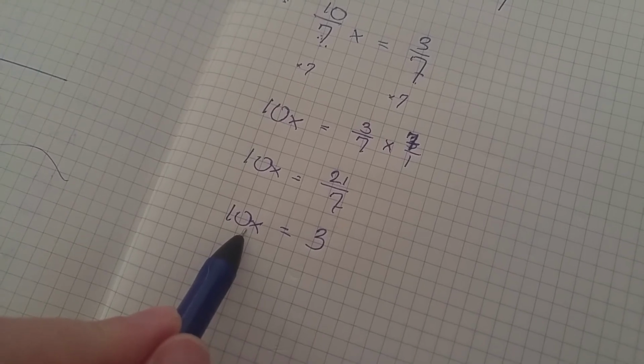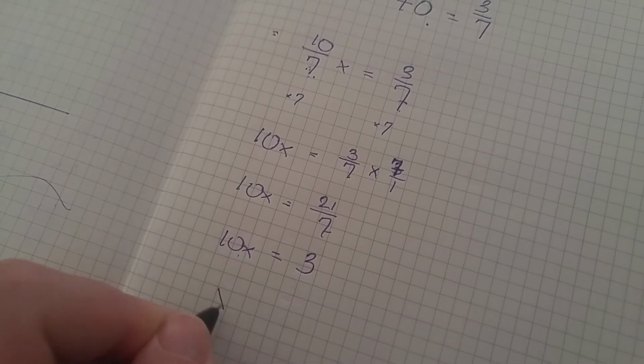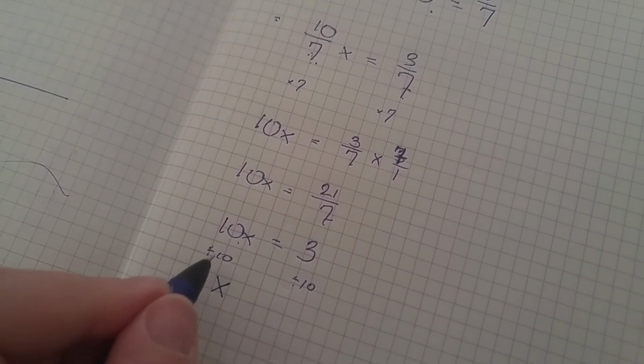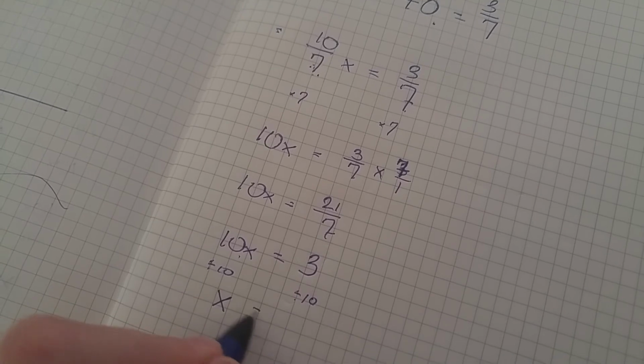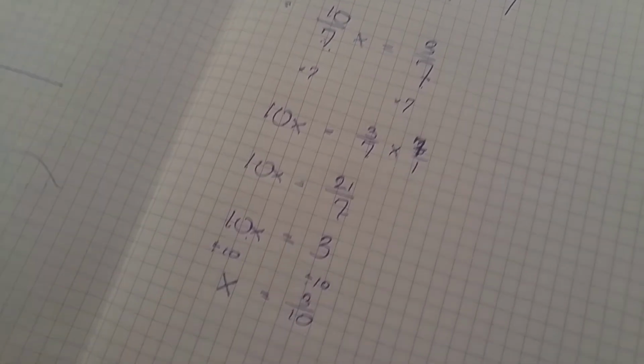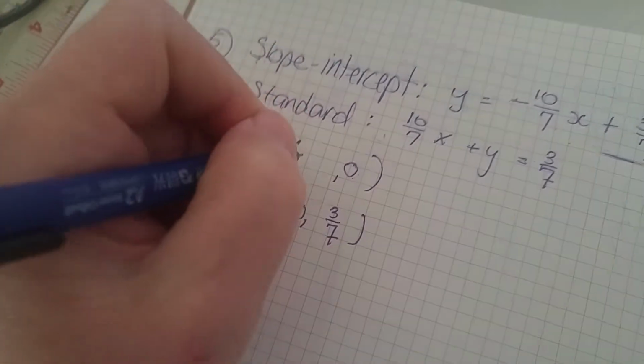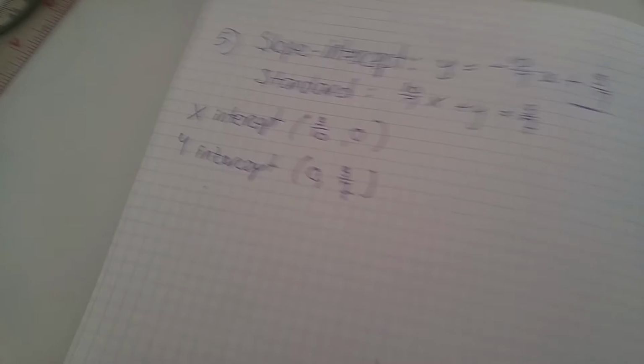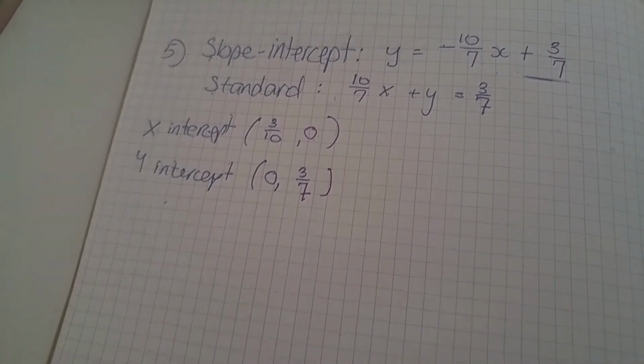Now we need to get rid of the 10. The opposite of multiplying by 10 is dividing by 10, so divide by 10, divide by 10. So we've got x equals 3 over 10. And that's where we put this value, 3 over 10, as we're plotting the actual line on the graph.